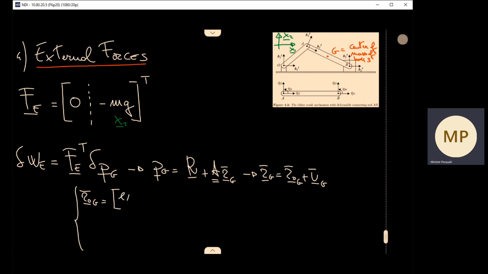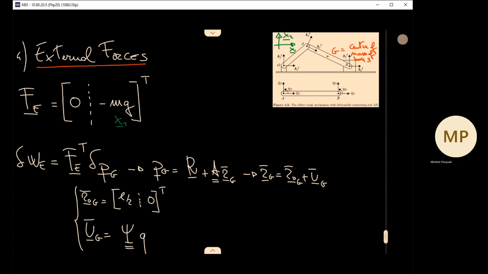So it's L divided by 2 and 0, transposed. While UG, which is the displacement induced by deformation of the center of mass, what is it? Well, typically it is C, the matrix of shape functions, times QF, right?